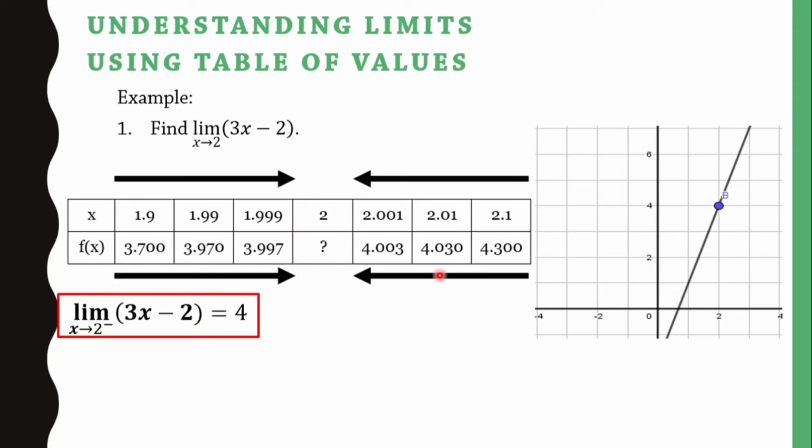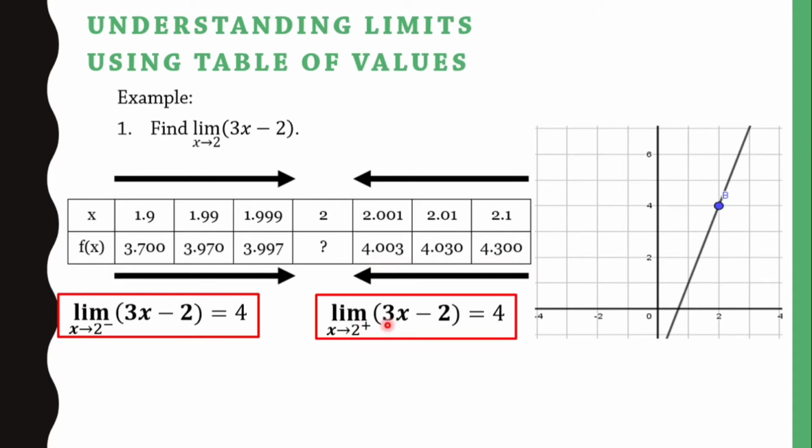Now, let's look at the values from the right. As the values of x approach 2 from the right, the values of f of x or y also get closer and closer to 4. So we say that the limit of 3x minus 2 as x approaches 2 from the right is also 4.